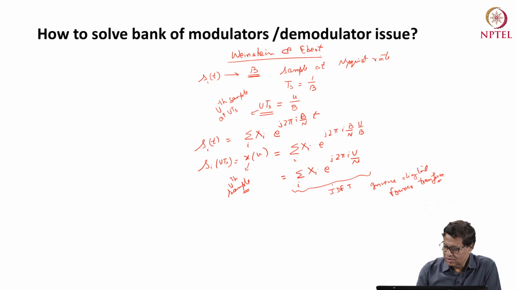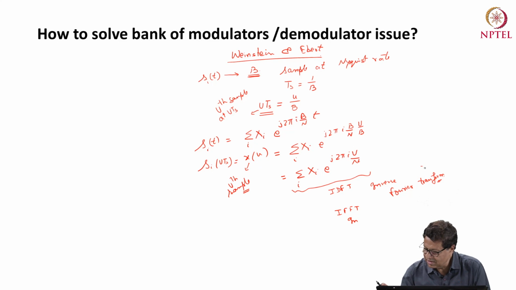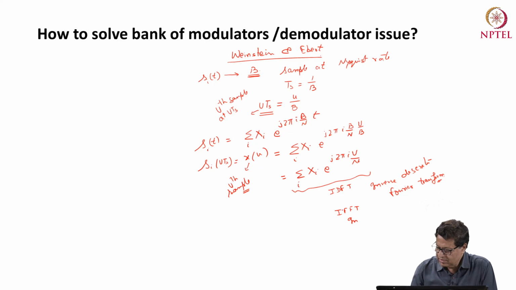So this becomes a little simpler now, and in OFDM this IDFT is actually IFFT, inverse fast Fourier transform. This is inverse discrete Fourier transform, I'm sorry, and in the OFDM context it is inverse fast Fourier transform.